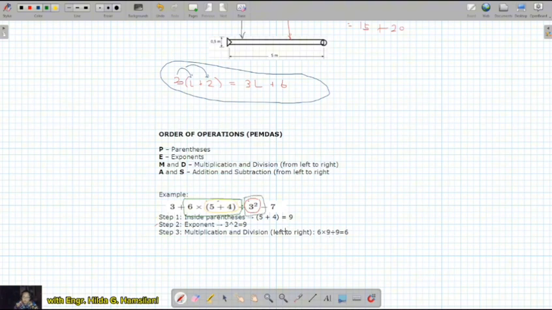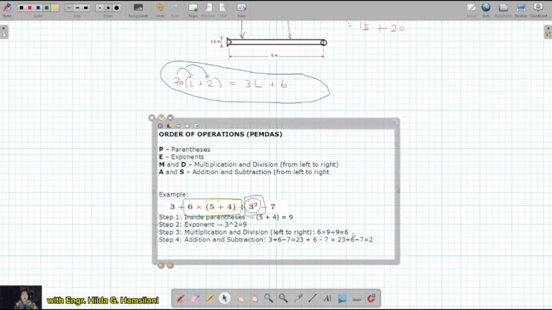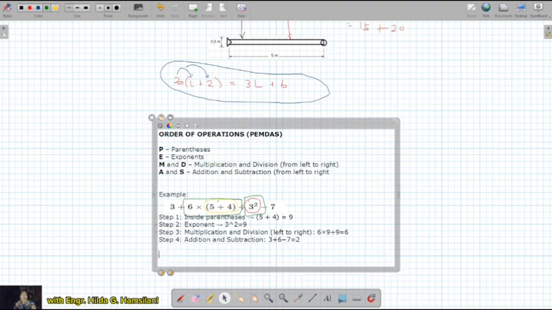So 6 times 9 divided by 9 is 6. Then lastly, we have step 4. Step 4 is addition and subtraction. So we add 6 to 3 and then we subtract. The final answer is 2.